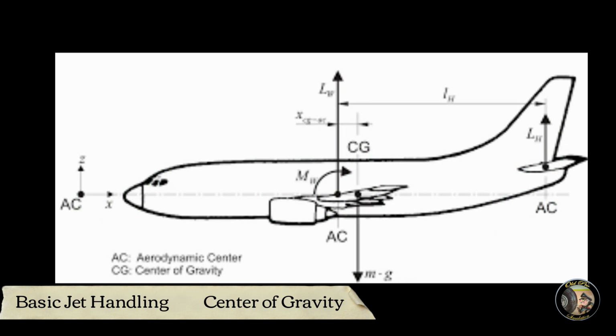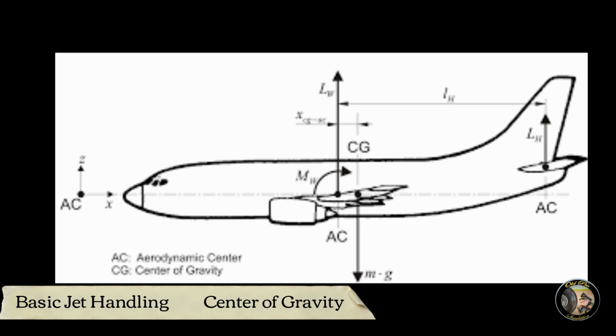This stability is the product of the relationship between the aerodynamic center of the wing, otherwise known as the 25% of Mach location, the center of gravity, and the neutral point. And the neutral point is something that is not shown on this diagram.